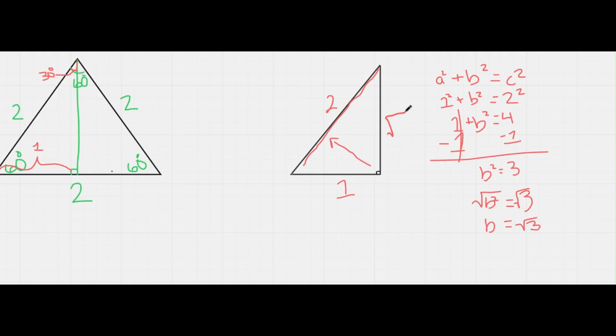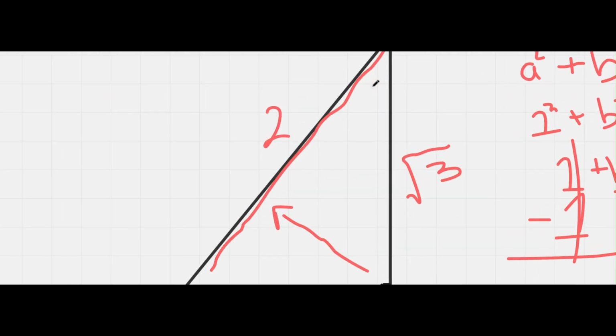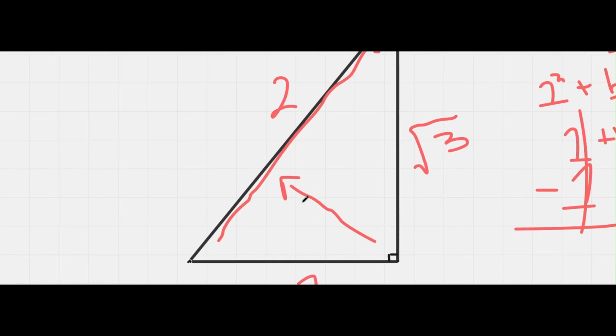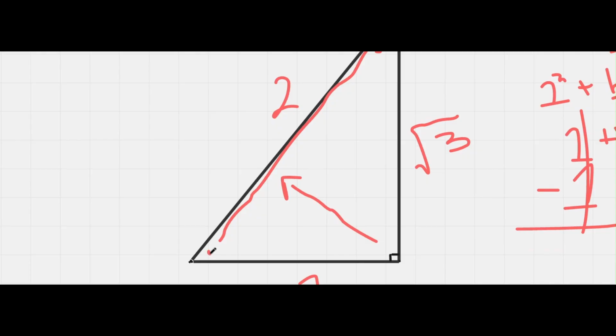So this missing side is the square root of 3. Now, remember, this top angle is 30 degrees, and this angle here is 60 degrees.